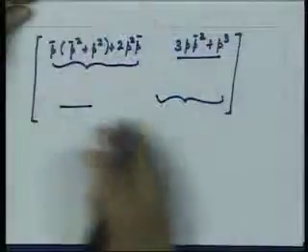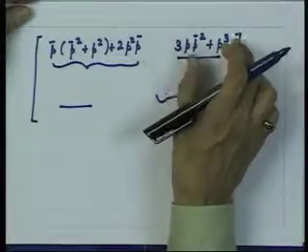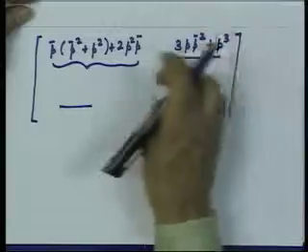So, for this equivalent channel matrix, the probability of error now is given by the term here.